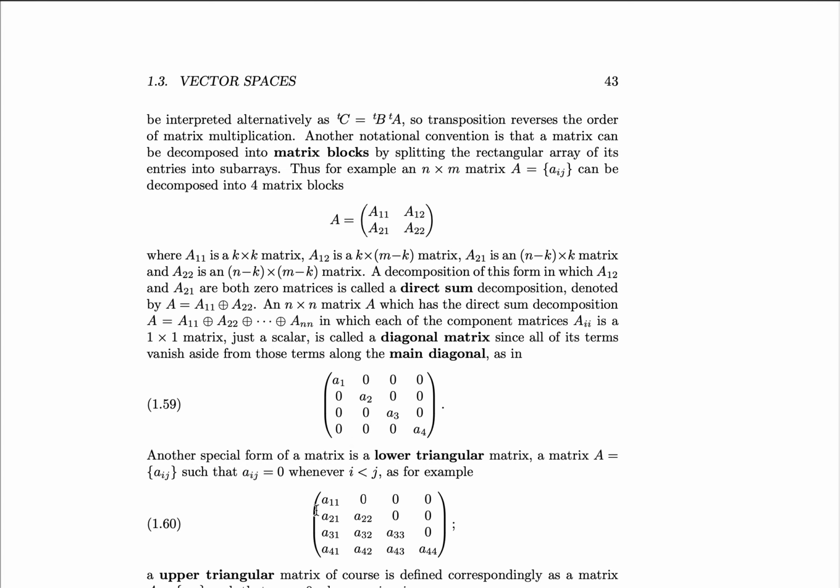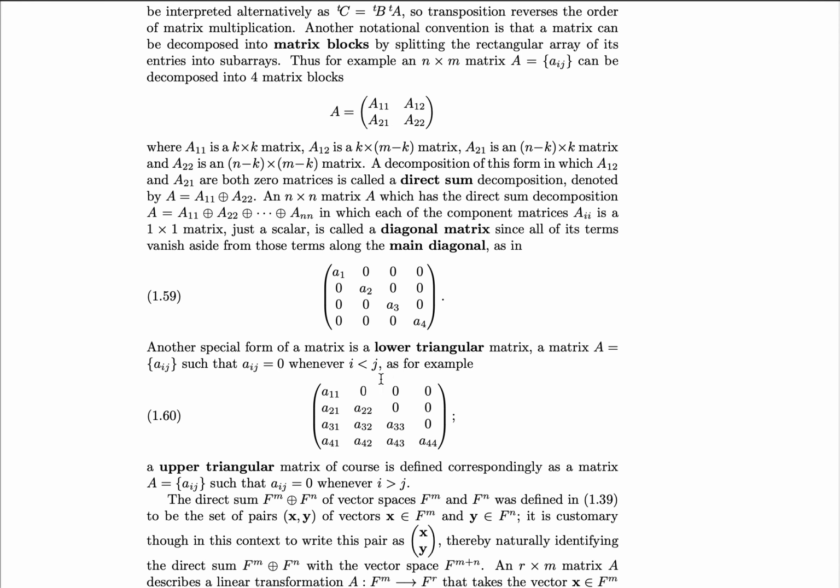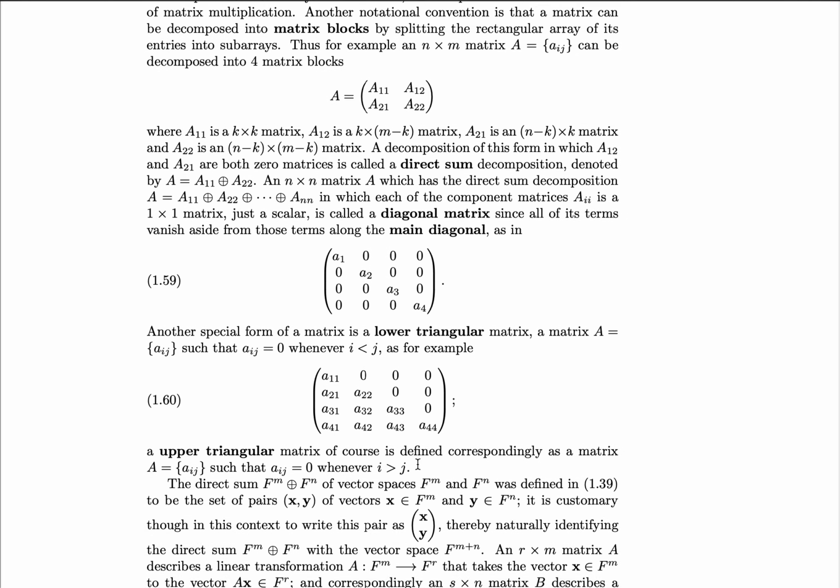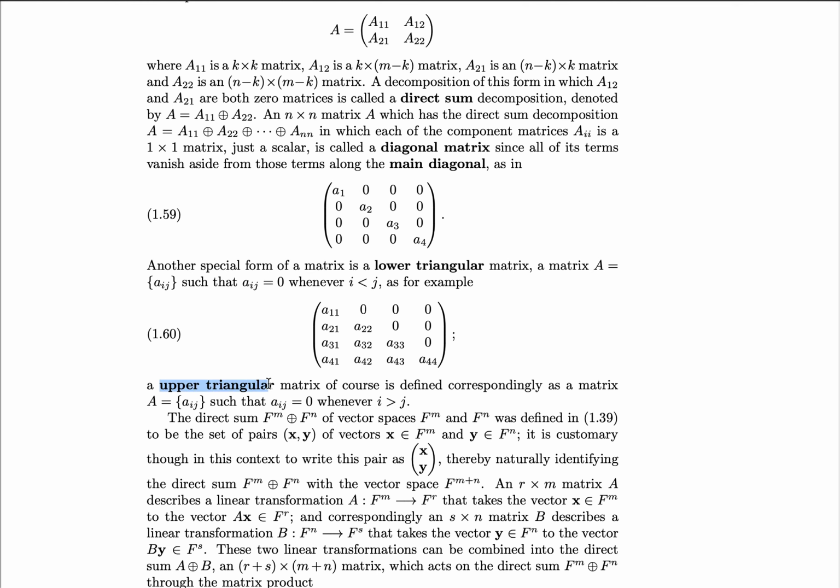Note, a triangular matrix is still inside of a rectangle. However, the only non-zero elements form a triangle. That is, a matrix A is called lower triangular if a_ij equals 0 whenever i is less than j, so whenever you're above the main diagonal, or whenever your column number is greater than your row number. Likewise, you can define an upper triangular matrix where the entries below the main diagonal are 0.